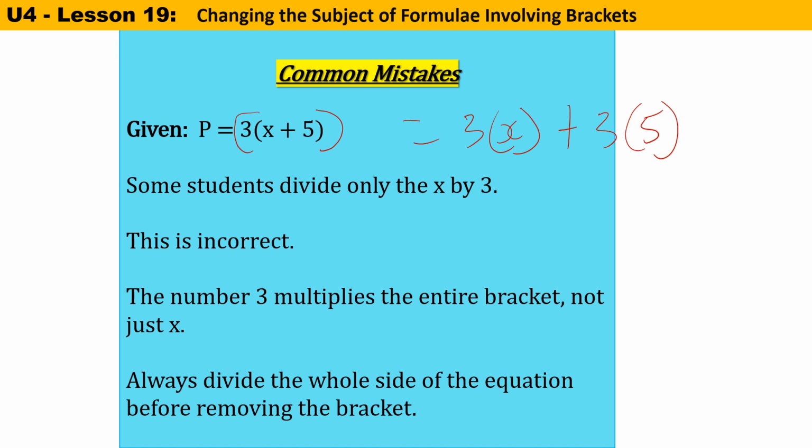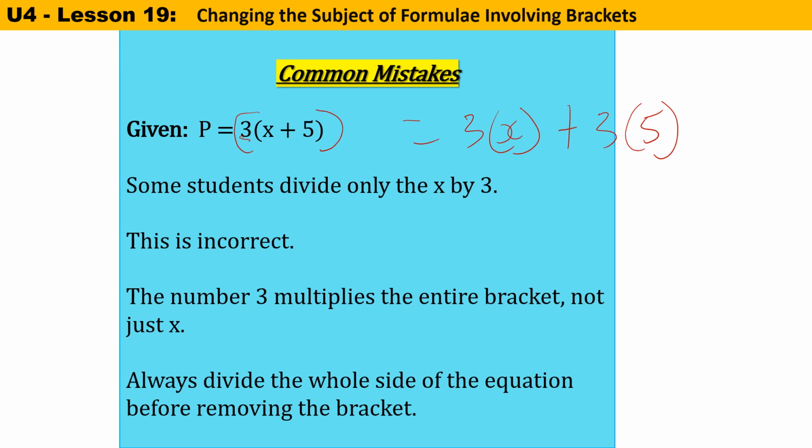And you also need to know that you should always divide the whole side of the equation before removing the bracket. Meaning, do not multiply what's in the bracket here by 3. You must first divide all of the bracket and then you remove it. That's how you remove it.